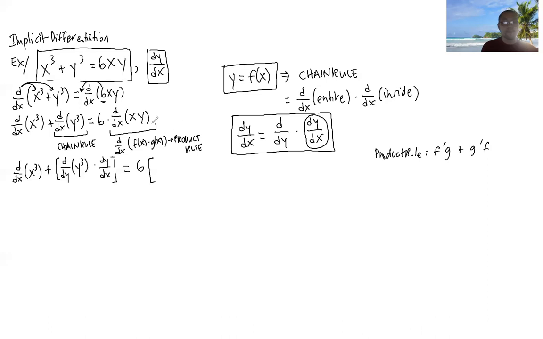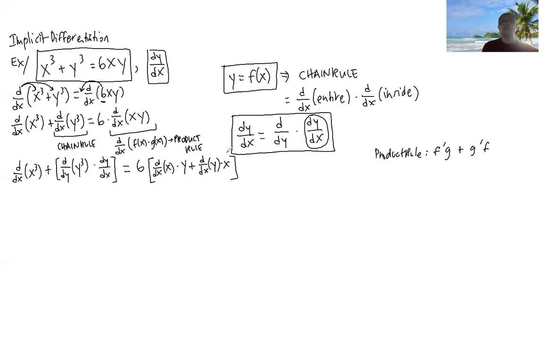And so the derivative of x, multiplied by our g of x, in this case just y, plus the derivative of our g of x, which is y, multiplied by our f of x, or x. Okay.